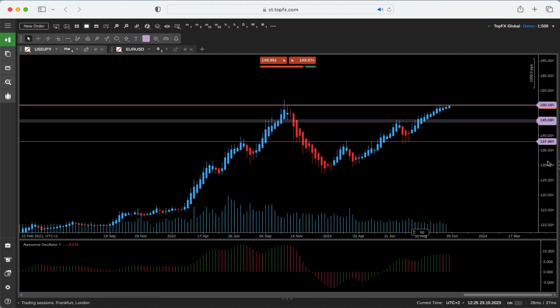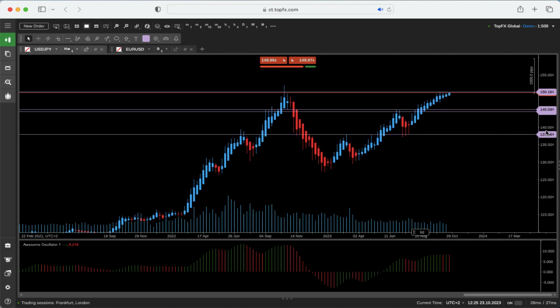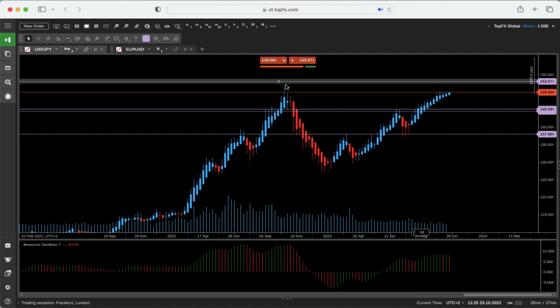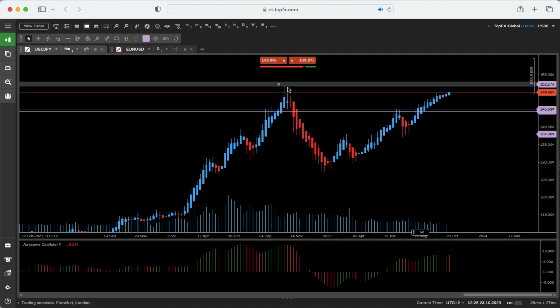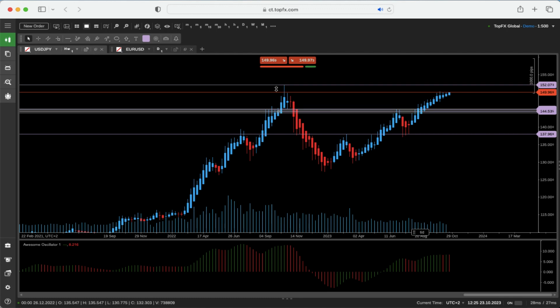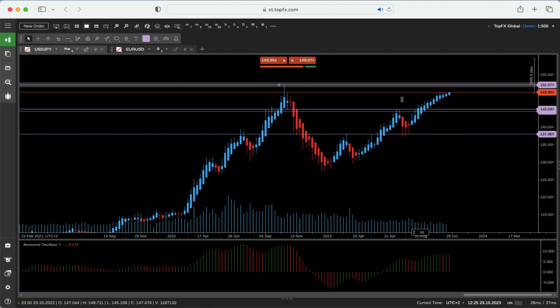So guess where the next target is? The next target is, of course, here. This is the biggest level in years, 152, and that's the next target for the bulls.